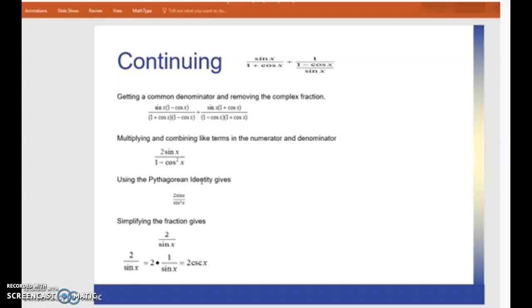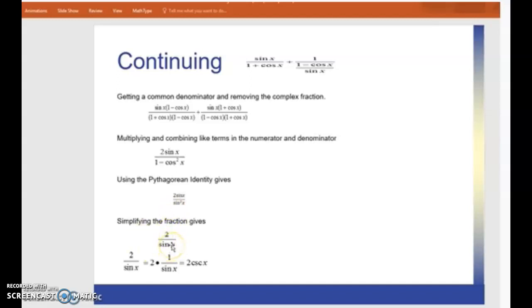Sine squared x plus cosine squared x equals 1. We have sine x over sine squared x. So one of these sine x divided by sine x would cancel. We had 2 of them in the denominator, so in other words, one of them is canceling, leaving us with 1 sine x still remaining in the denominator, and the 2.